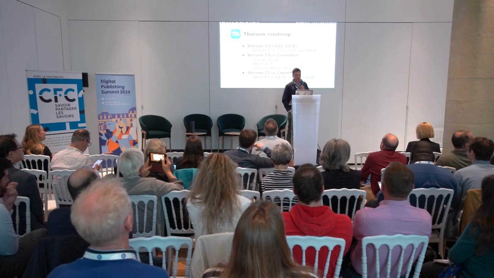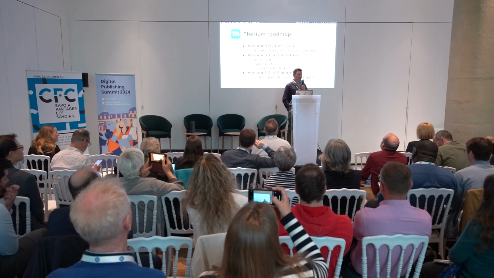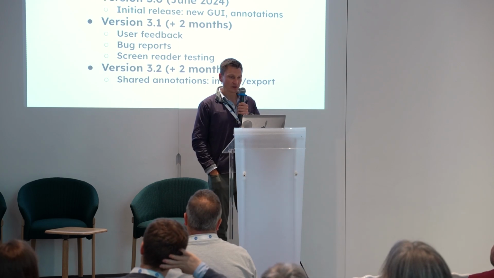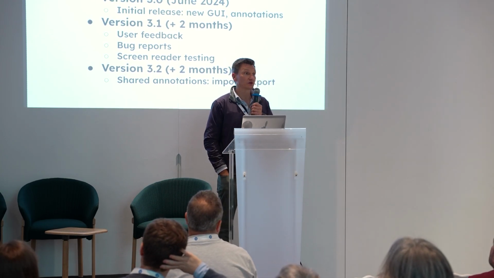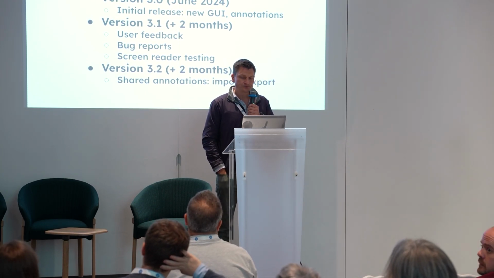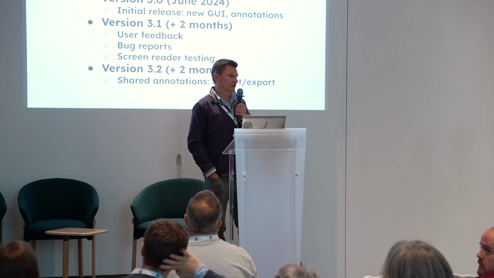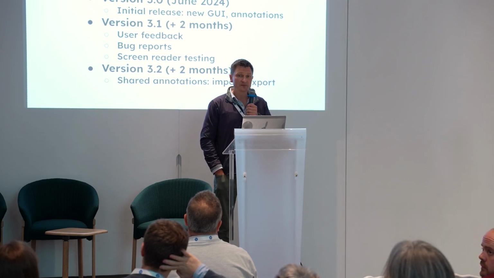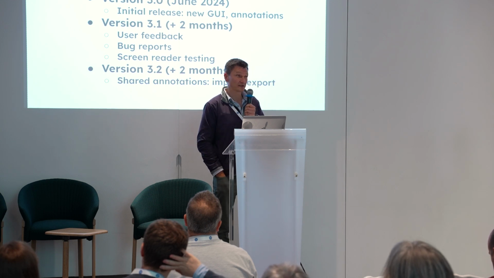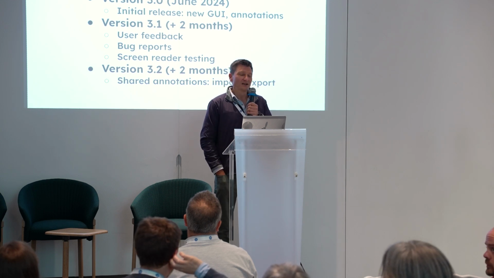So our roadmap is in June 2024, very soon, within the next couple of weeks, if that, we'll release version 3.0. We also aim to release within a couple of months over the summer an update based on user feedback, bug reports, and screen reader testing. That's going to be a big thing for us.